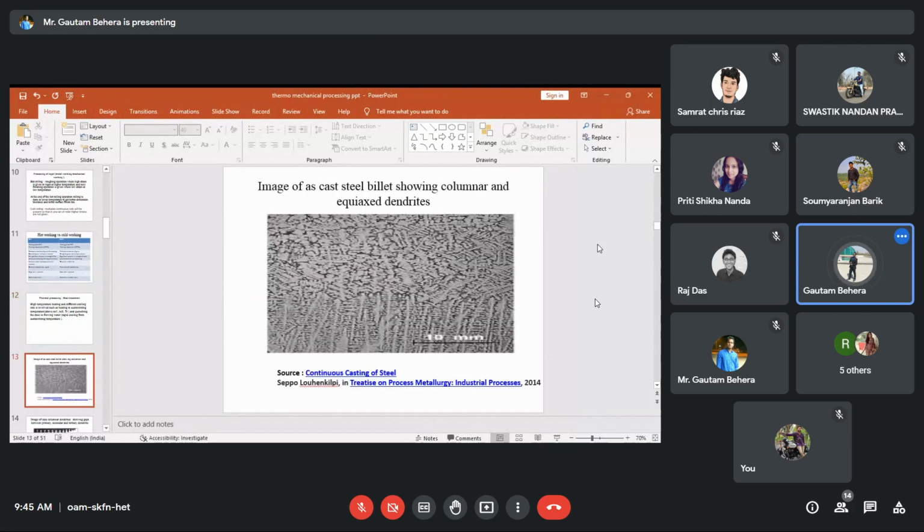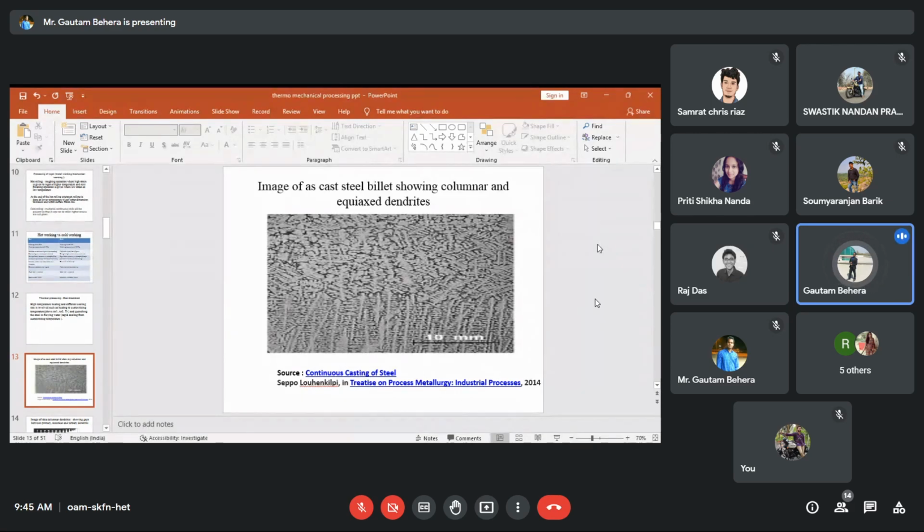So now we are going to finish the topic here. That means thermomechanical processing. In thermomechanical processing, high temperature will be involved, that means heating and cooling will be involved.